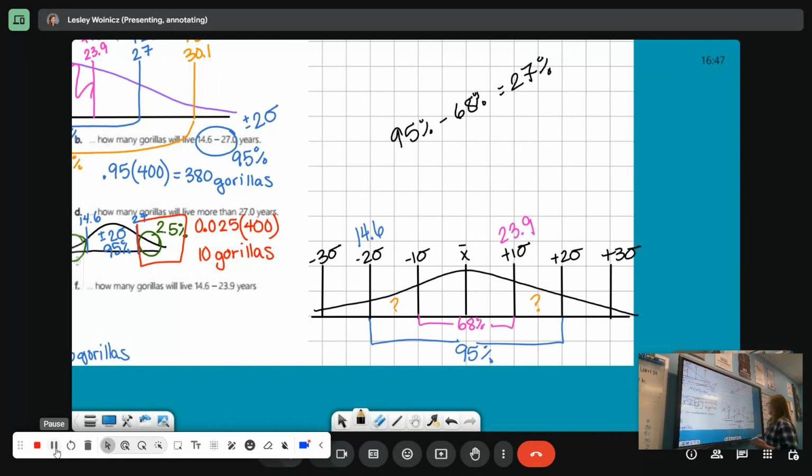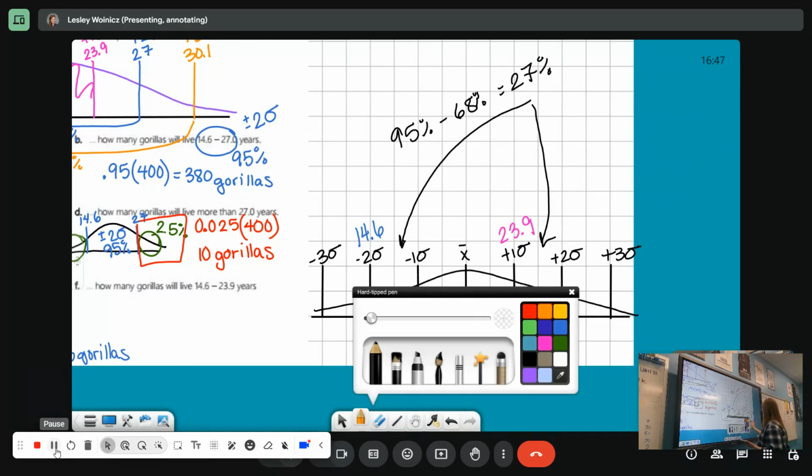Now that 27% is split evenly here and here, so I divide it in half, giving me 13.5% here and 13.5% there.